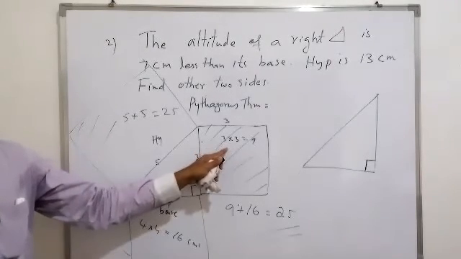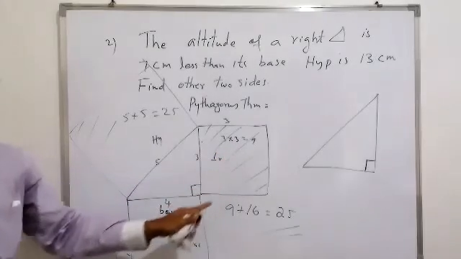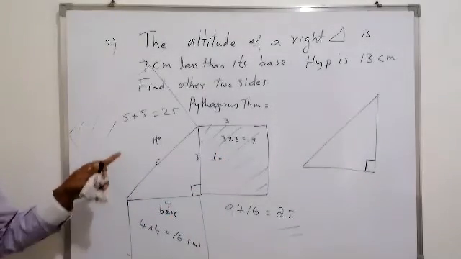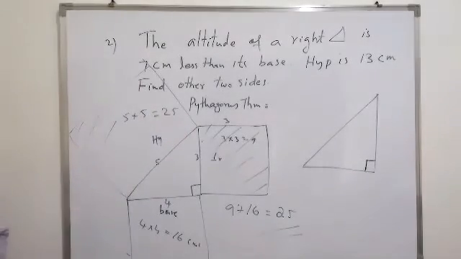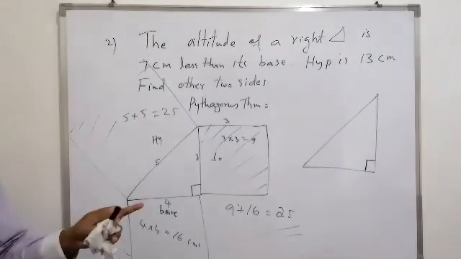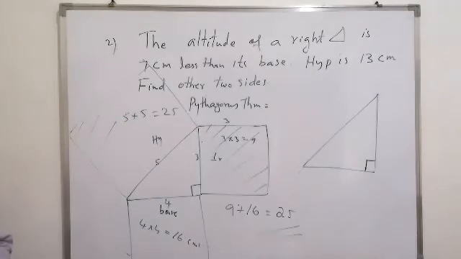This is the Pythagoras theorem. Hypotenuse square is equal to the sum of the squares of the other two sides. The area of this square and the area of this square is equal to the area of the square on the diagonal, the hypotenuse. Volume concept is also there, but I am talking about the area concept.